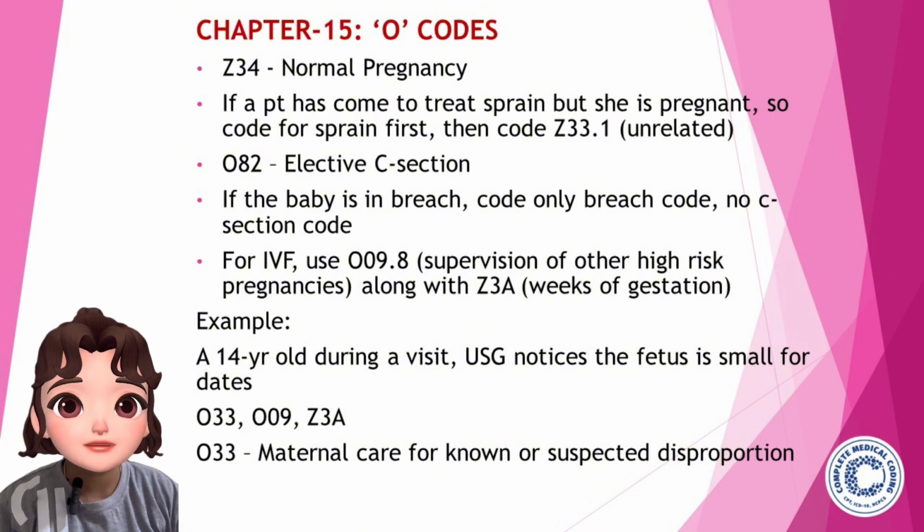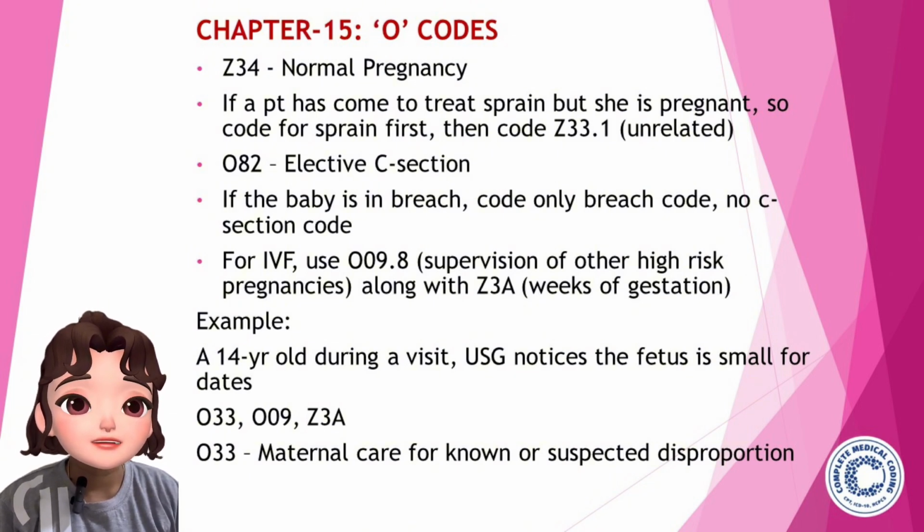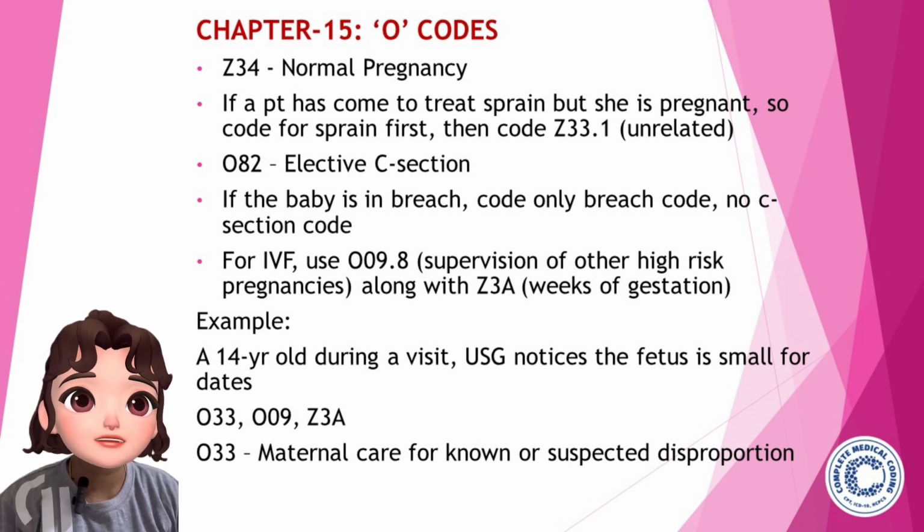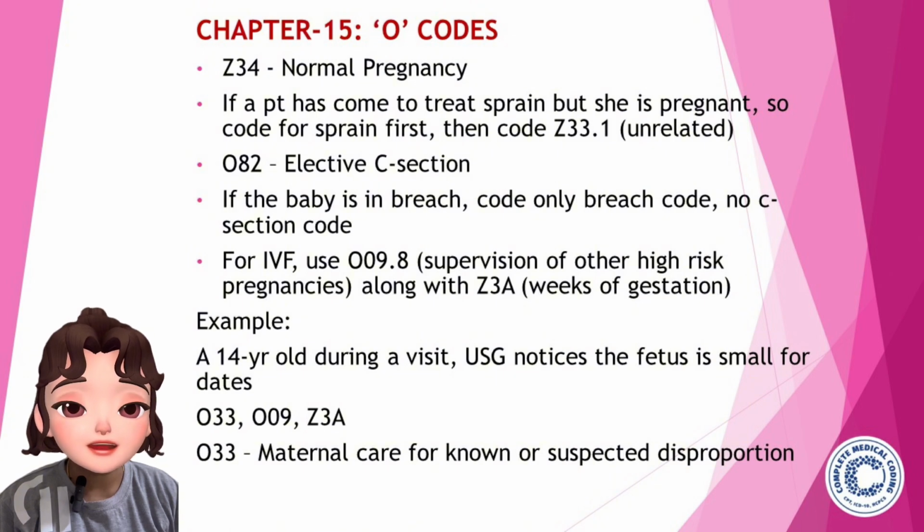I will just explain a few codes and then the conditions related to that. If a patient has come to treat a sprain but she is pregnant, so code for the sprain first, then code Z33.1.